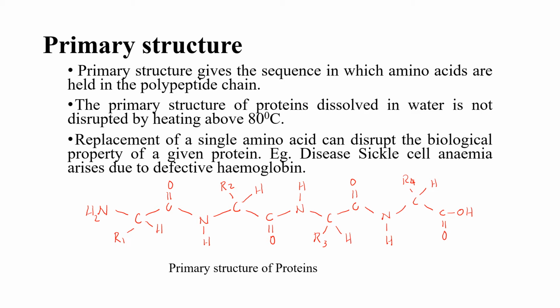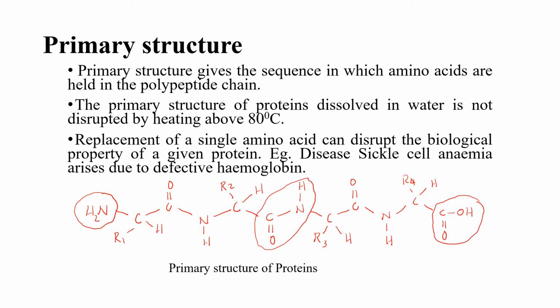So the different amino acids are held together in the polypeptide chain through the amide linkage, that is CONH linkage. In the polypeptide chain, at one end there is a free amino group, and on the other extreme end there is a free COOH group.